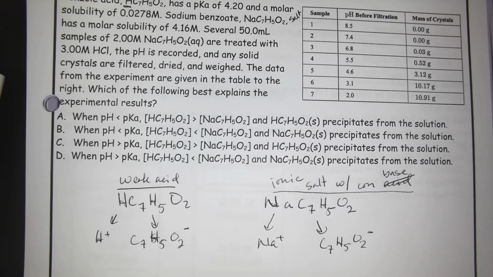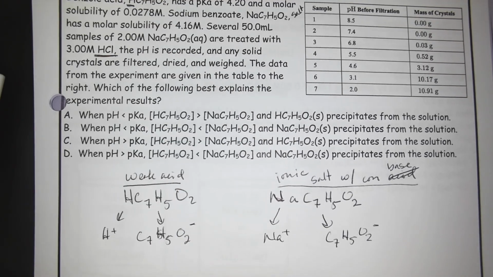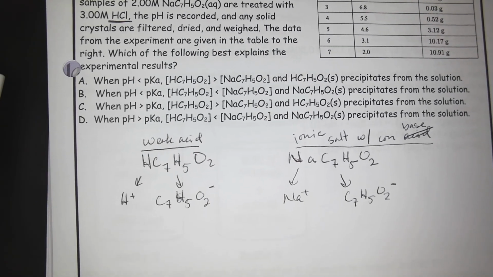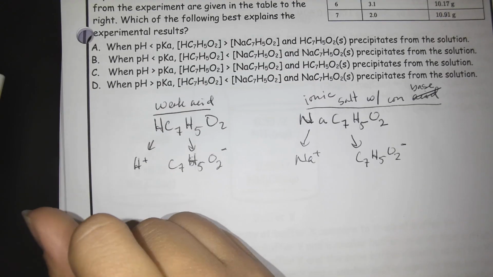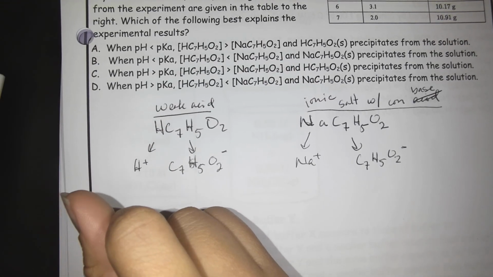Several 50 milliliter samples of 2 molar sodium benzoate are treated with 3 molar HCl. Well, what is HCl? That's a strong acid.